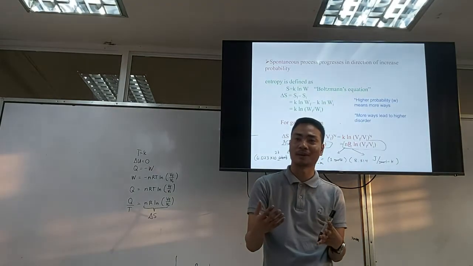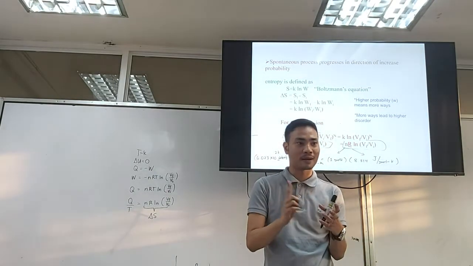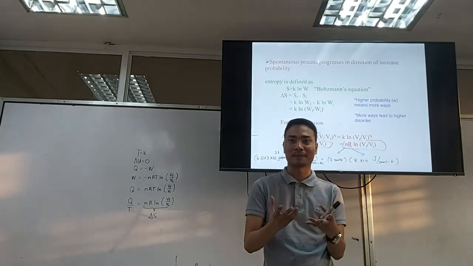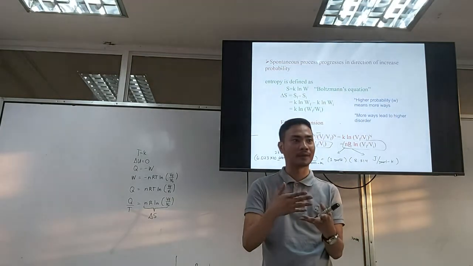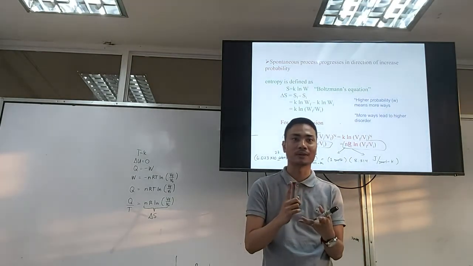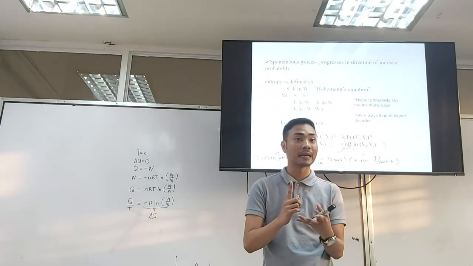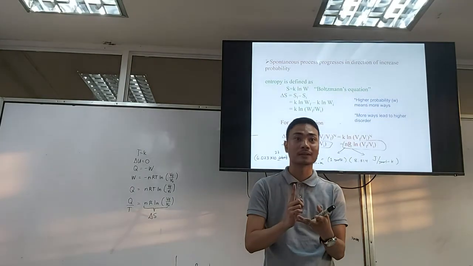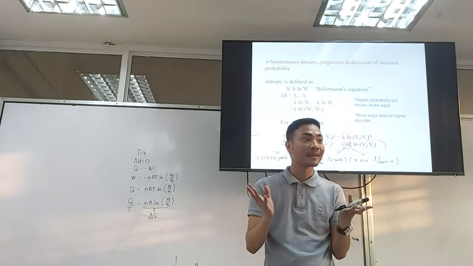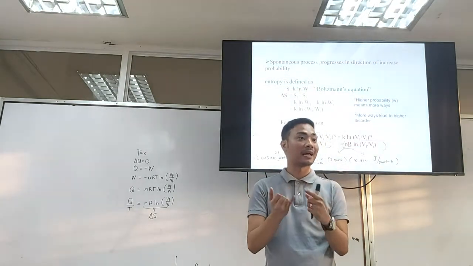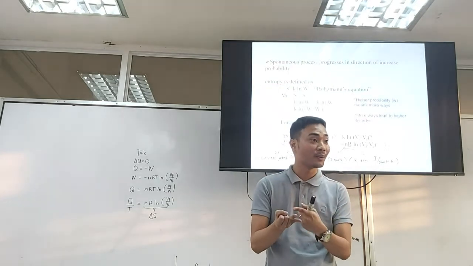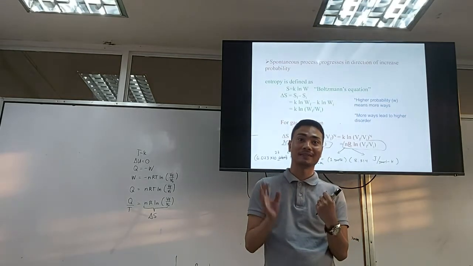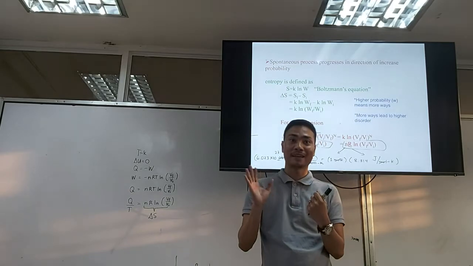Di ba sa phase change process, habang nagbabago yung, for example, yung ice into liquid water, nagbabago ba yung temperature nun? No, isothermal yun. And at what pressure? 1 atm. Nagbabago ba yung pressure? Hindi din. Kaya nga ang phase change process is an isothermal and an isobaric process. Understand?